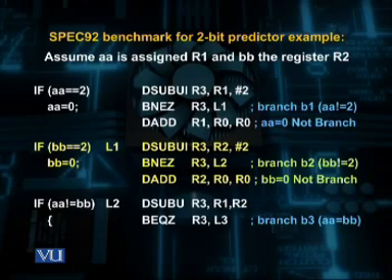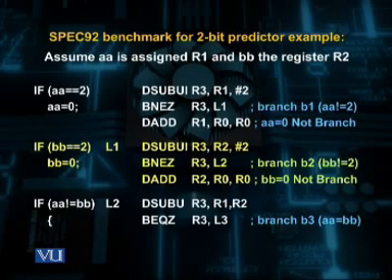Now, the third one: if AA is not equal to BB, then what is to be done? That is implemented by these two instructions, that is, subtract unsigned R3, R1, R2, which means that we compare R2 with R1 to find out whether AA is equal to BB.